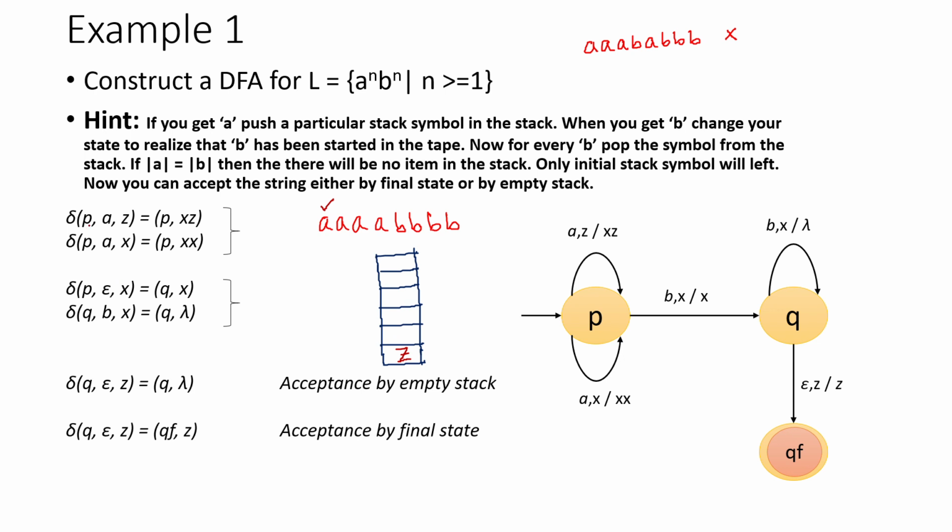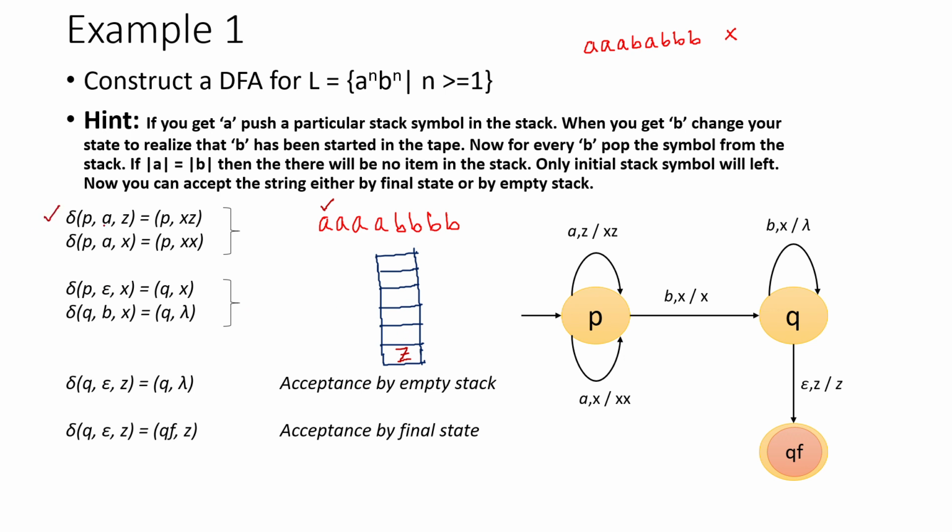That's why, suppose your initial state is P. So I can say, if you are in P, that means in the initial state, and you get a symbol A, and the stack is empty, that is Z, what will I do? I will push another symbol over here, suppose X, and that is what is expressed in this particular transition function.